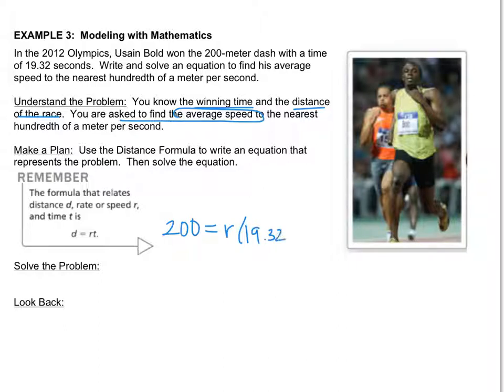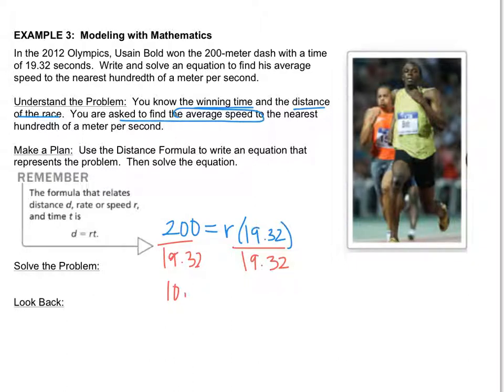All right, so now we solve. I'm going to divide both sides by 19.32. Obviously, I need to have my calculator handy. So 200 divided by 19.32 is like 10.4-ish, I'm going to say. Oh, whoops, I didn't read.